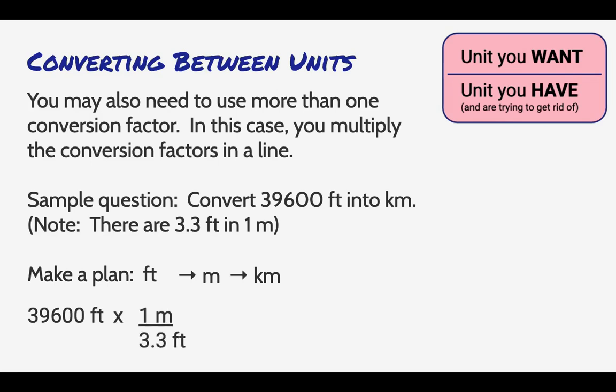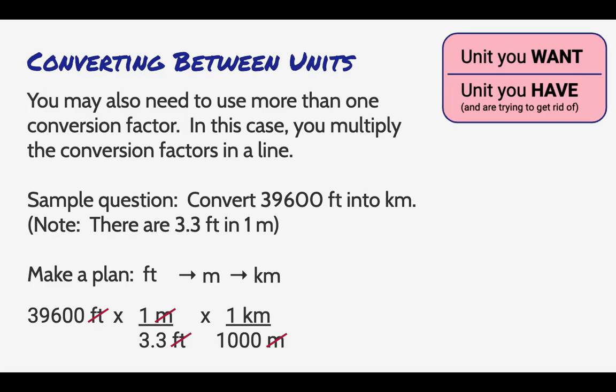We set up our conversion factor so that feet is in the denominator, so 3.3 feet underneath 1 meter. And this will cancel out the feet. Now we need to convert from meters to kilometers. So we can use our meter-kilometer conversion factor, but flipped upside down from how we used it before. So the meters are going to cancel and we'll be left with kilometers, which is what the question was asking for.